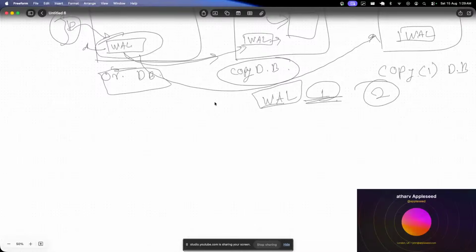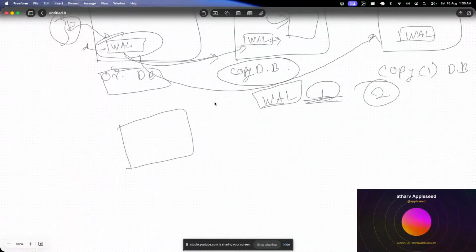We have, let's say, two replicated databases, but the amount of WAL that is being generated is not being executed by our database so that we can keep up with the generation.